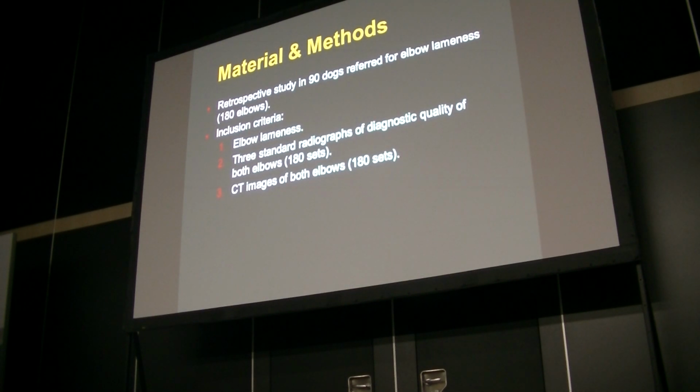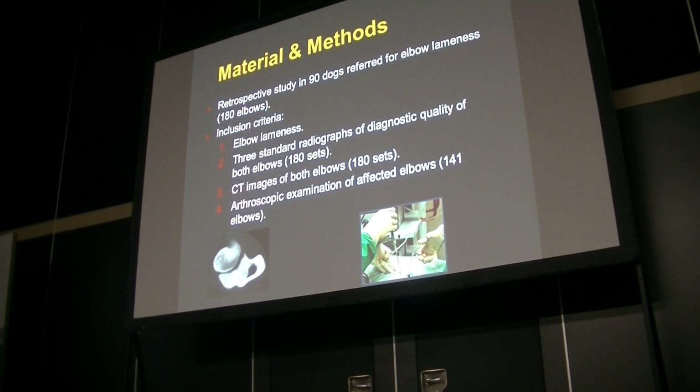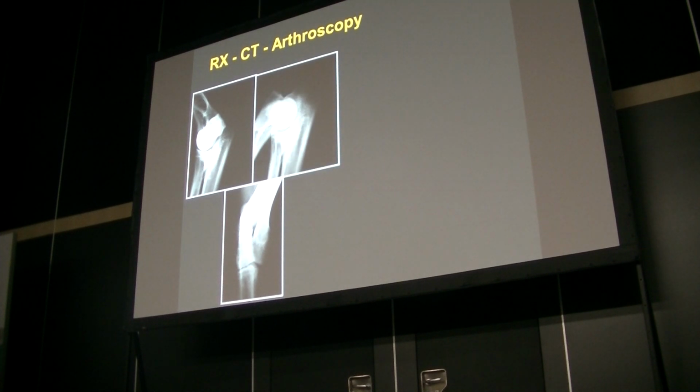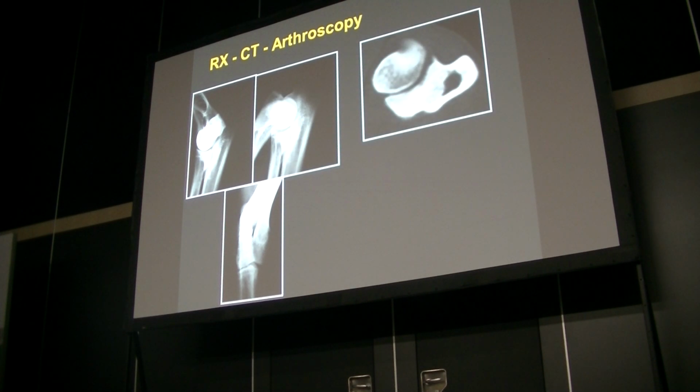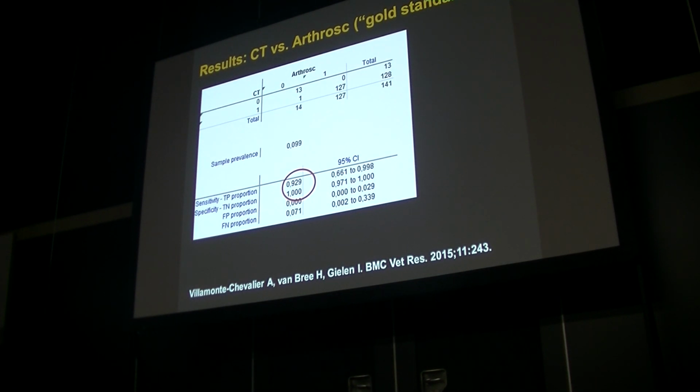The CT images were taken of all elbows, and an arthroscopic procedure was performed in the affected elbows, in 141 of them. So we came up with a set like this, and they were scored by two people in a consensus, and in cases where there was doubt or discussion, a consensus was reached to score these sets of images separately. So what about the results?